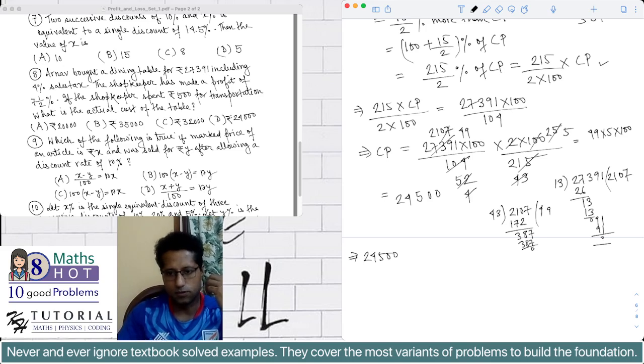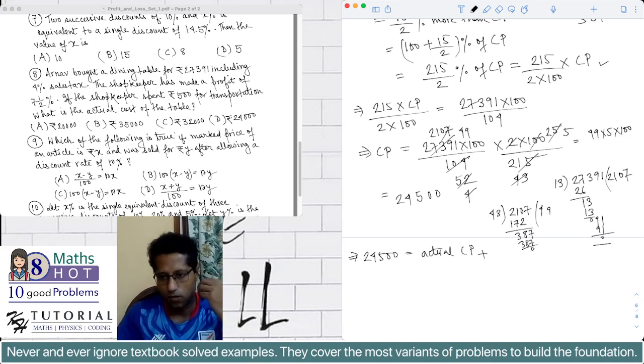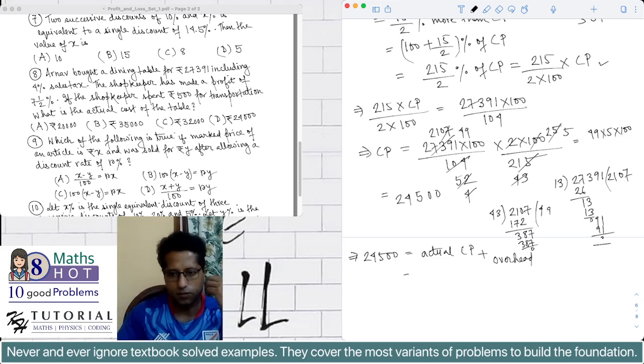This implies 24500 is equal to actual CP plus overhead, which is the transportation cost, which is 500.